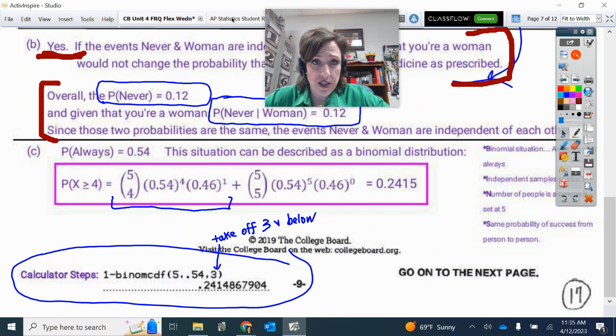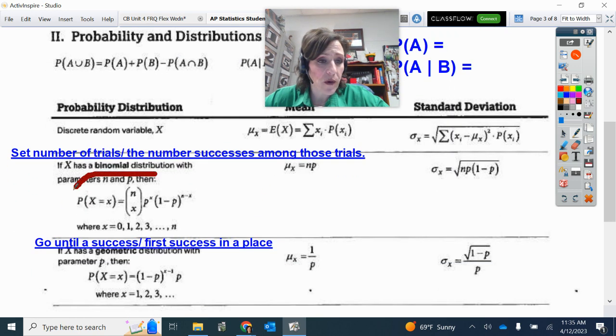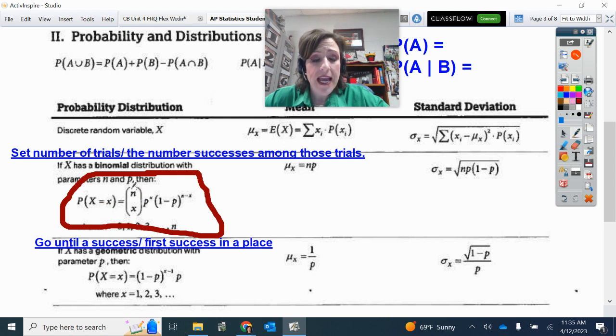So with this situation, what you should recognize is this right here. We are wanting the probability that X is greater than or equal to 4. And then n is your number of trials, so that was out of 5 people.